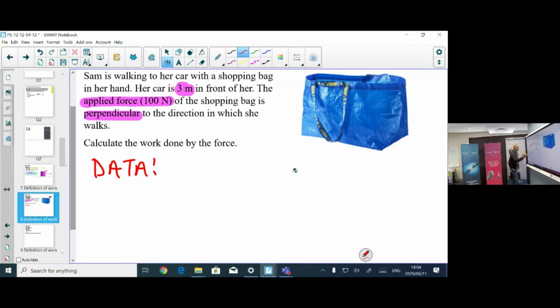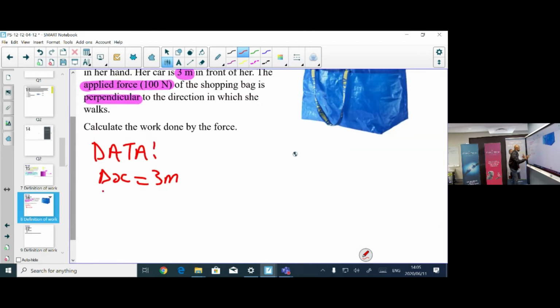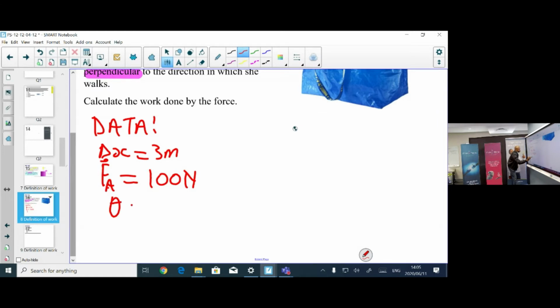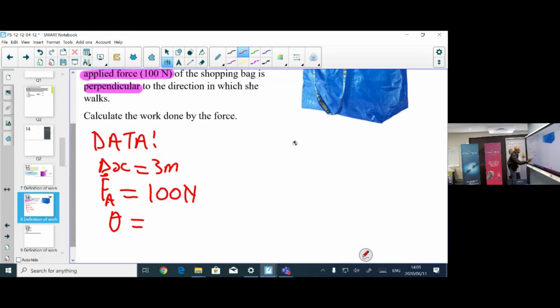We have change in x, which is equal to 3 meters. We have the applied force, indicated by F_A with a half arrow on top, which is equal to 100 Newton. And theta, which is equal to 90 degrees because of the perpendicular.